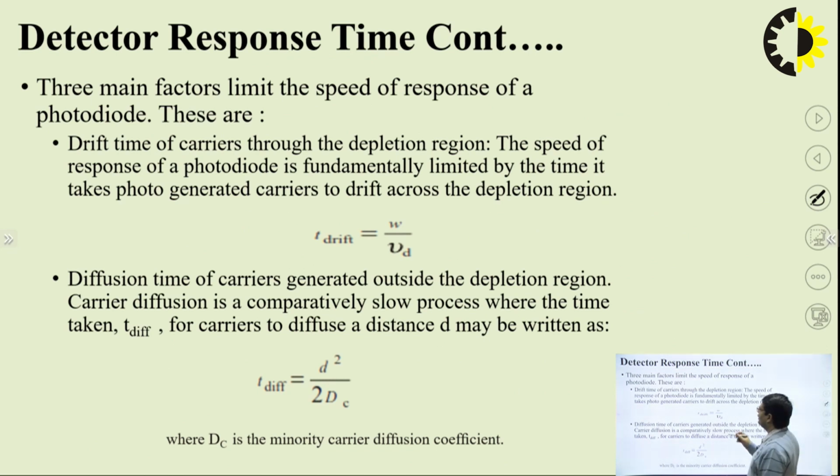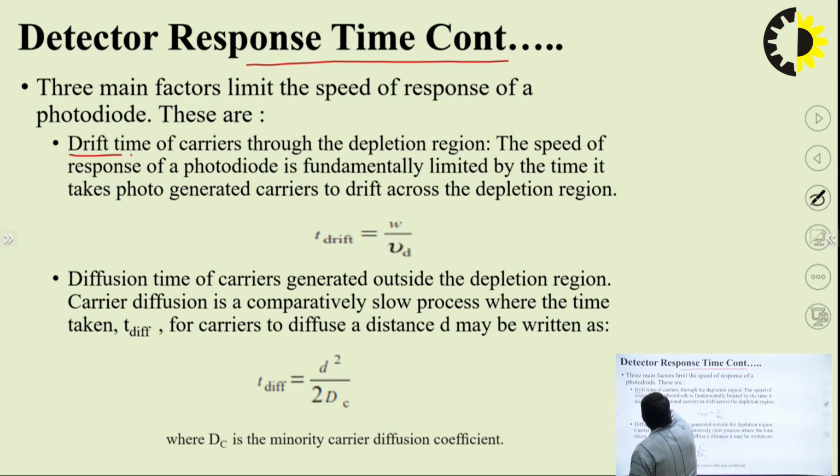So what are the factors that contribute to the detector response time? One is drift time of the carriers through the depletion region. We know that drift is fast, so time taken for the drift will be T drift equal to the width of the depletion region divided by the drift velocity.